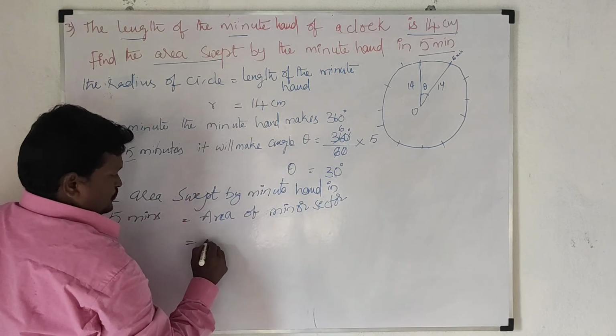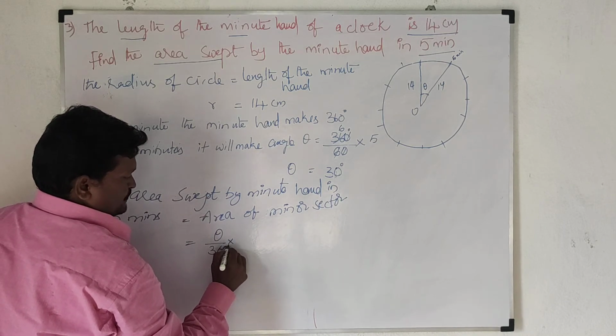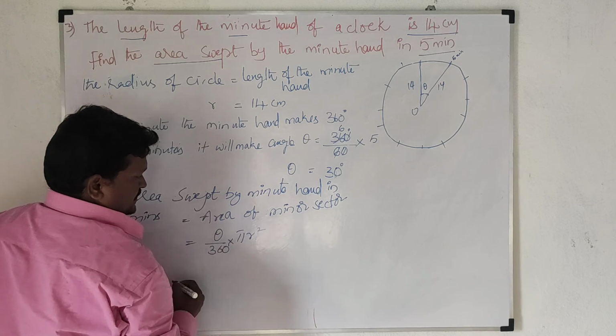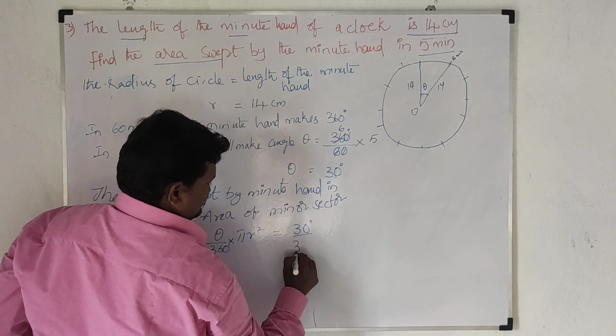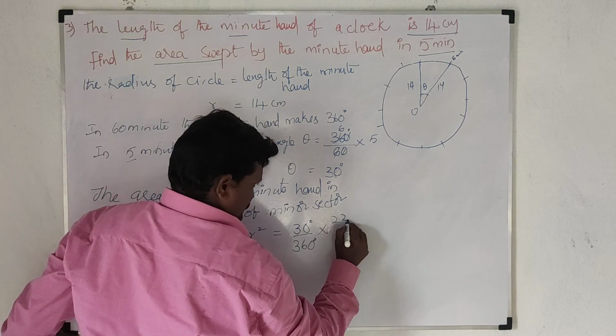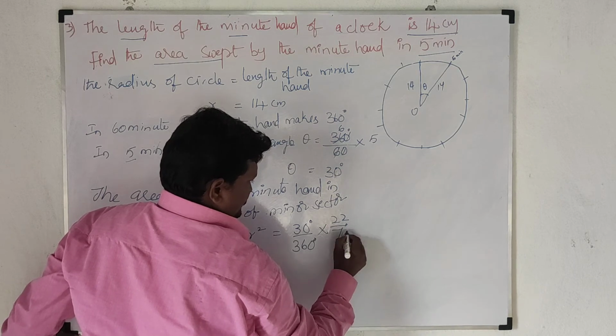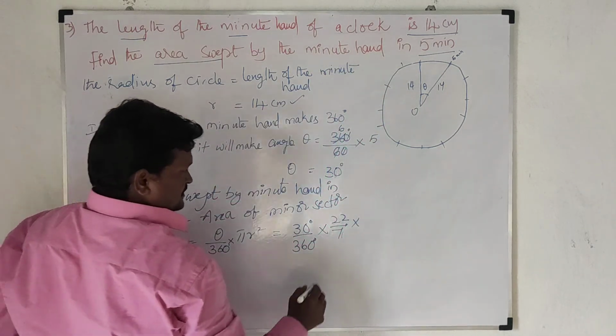The formula is theta by 360 degrees into pi r squared. That equals 30 degrees by 360 degrees into pi, which is 22 by 7, into the radius, which is the length of the minute hand.